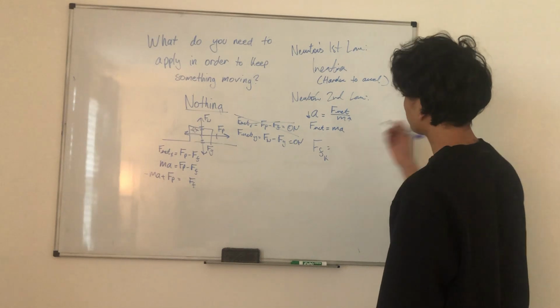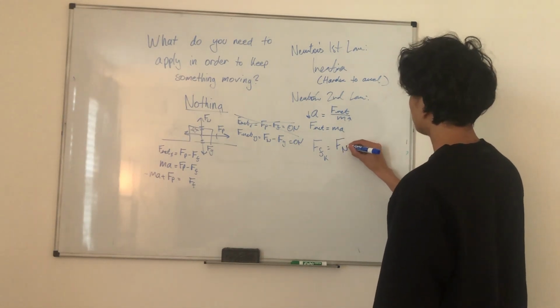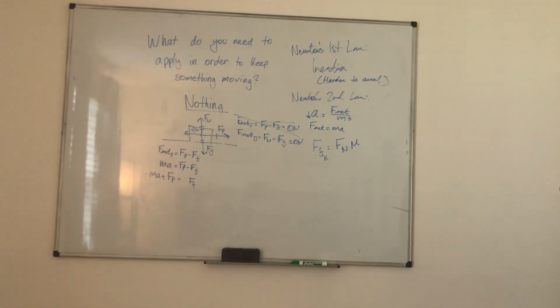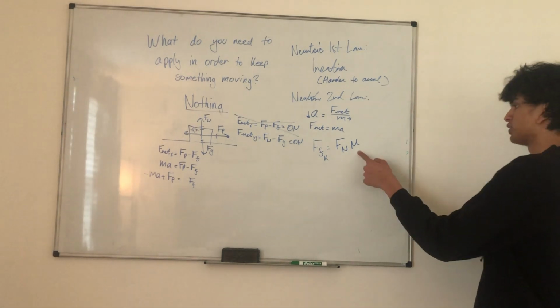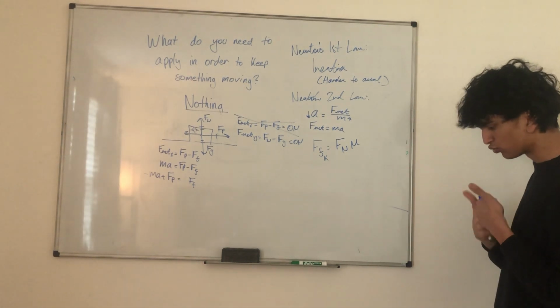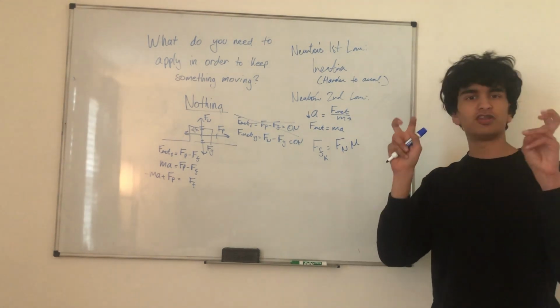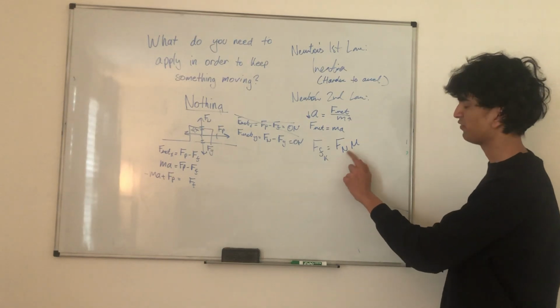just means it equals force normal times mu. Let's unpack this equation. Mu is just how rough the surfaces are, the roughness of the surface. If you have more mu, you're going to have more force friction for the same Fn.